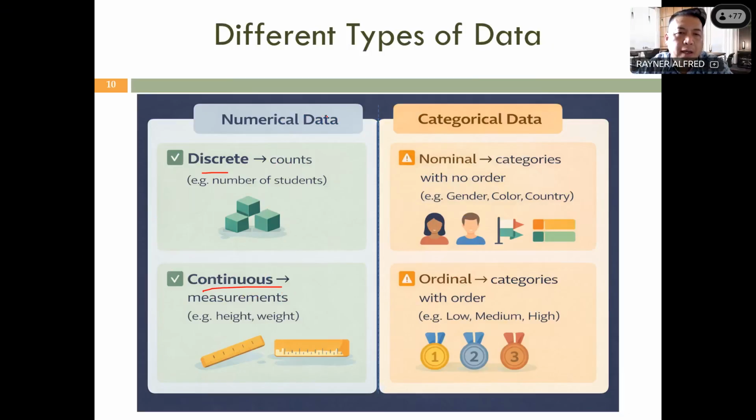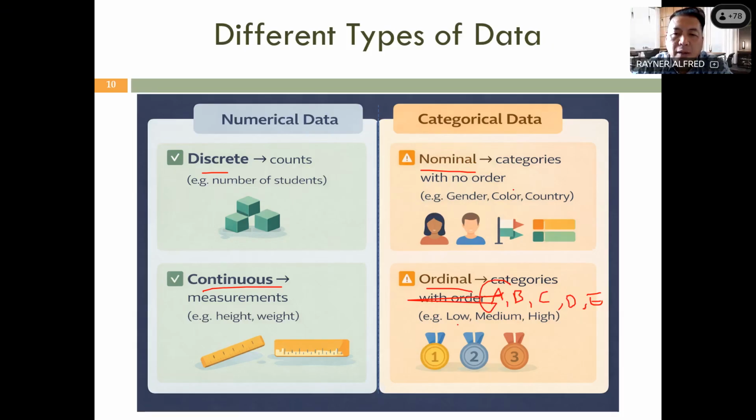Okay. And we could also have categorical data. So we have two, which is nominal and ordinal. Ordinal, they have order, for example, low, medium, high, or maybe you can have A, B, C, D, E. So A has higher value.